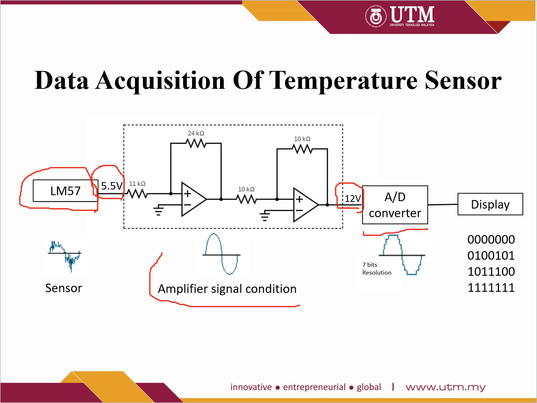We use this stage to change it to digital so it is suitable for reading by the computer, and then the display. Here we have the encoding, and this one is also called the computer.